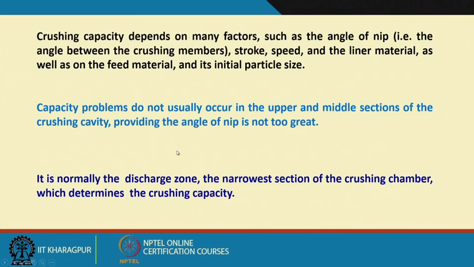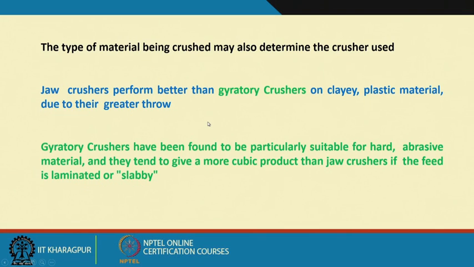Another constraint is that if you have a clay or plastic type of material, you should use a jaw crusher. Now, if I want 5000 tons per hour of capacity, I cannot use a single jaw crusher; I need a number of jaw crushers working in parallel to cope with that capacity.